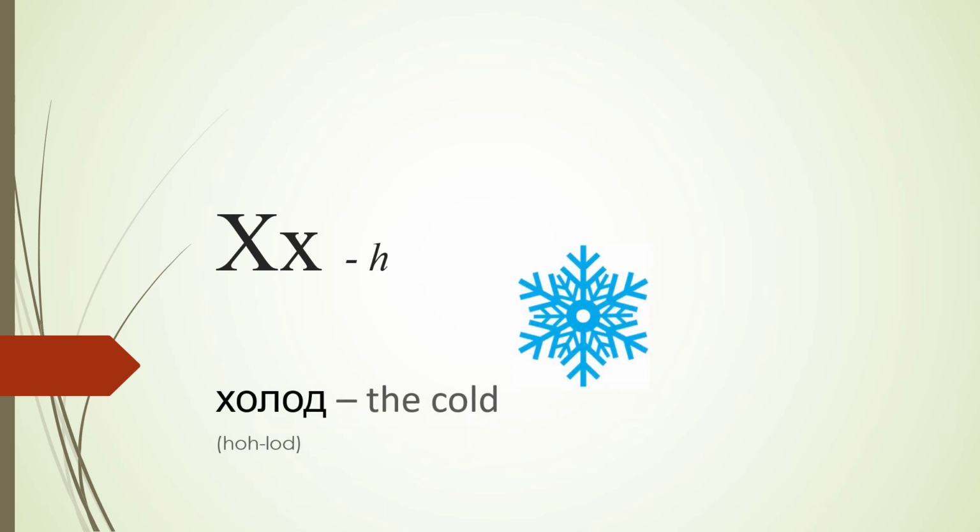There are only 4 of them, so it's not too bad for the consonants. So anyway, an example of ha is the word холод, which is the cold. Repeat after me. холод.